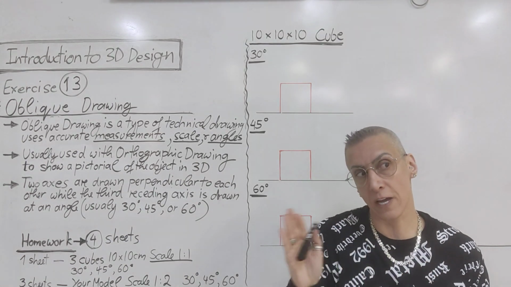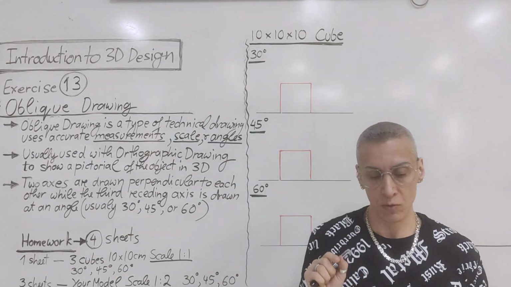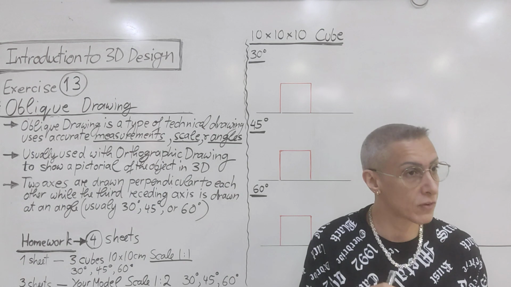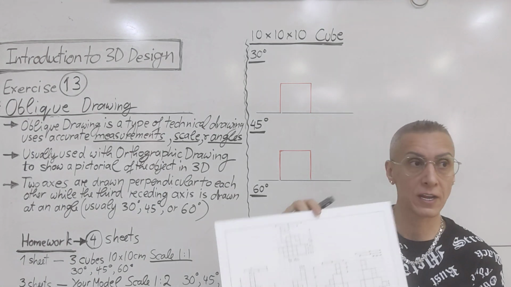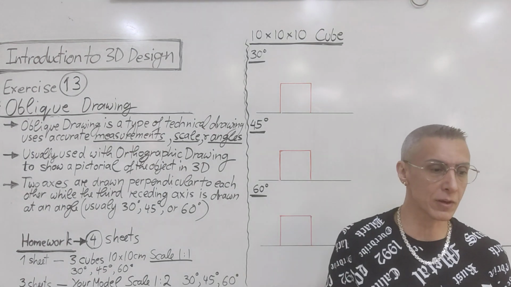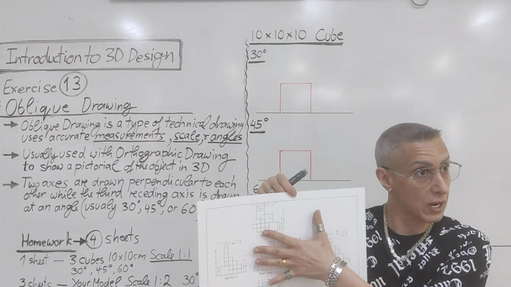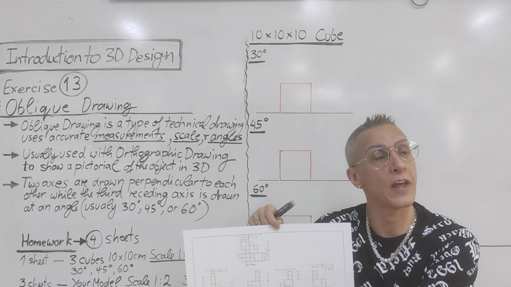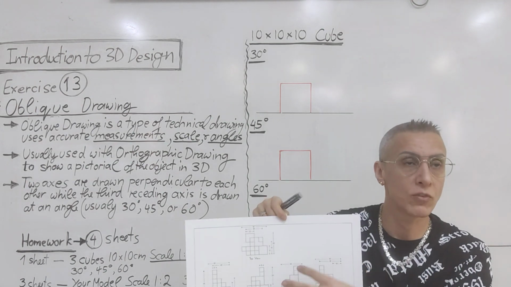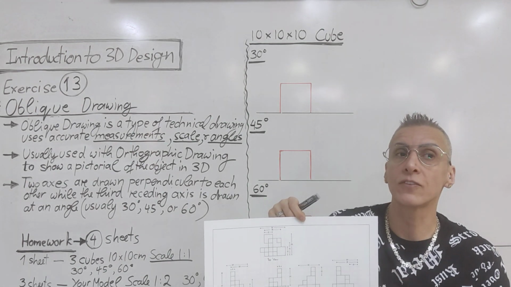There are several types of this type of drawing that in design usually accompany the orthographic drawing. For example, if you make a new design, you need to draw it as orthographic to show all its details from all the sides, as well as the measurements and the scale.